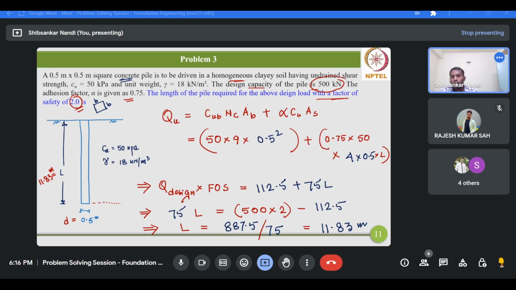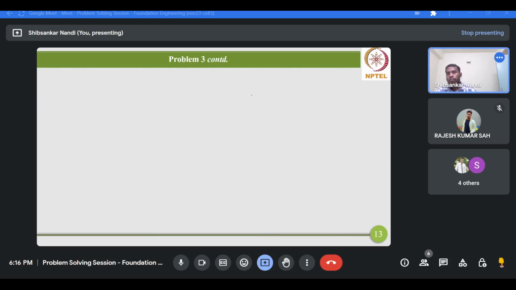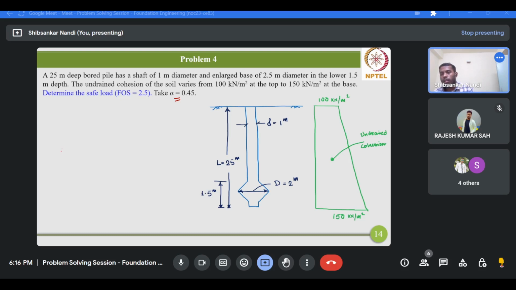First of all, let me write down the formula first. So Qu is equal to Cub Nc Ab plus alpha Cu prime As, or Cu As.